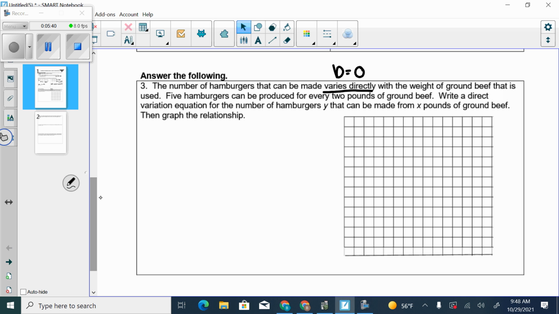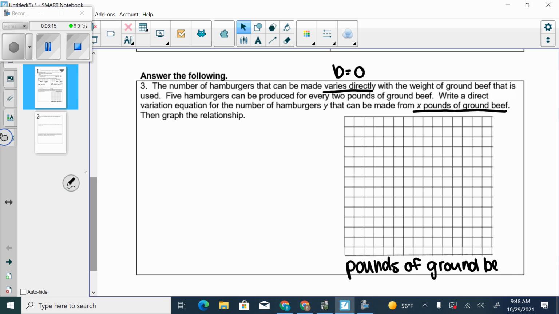Okay. Then it says that the weight of ground beef that is used, if you come down to the bottom, says x pounds of ground beef. That lets us know that x is representing the weight of the ground beef. So weight or pounds of ground beef is our x value.